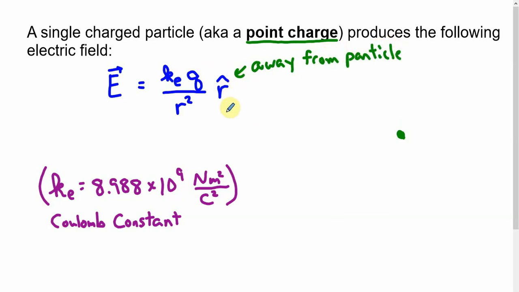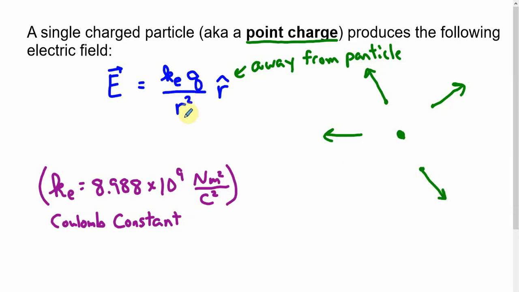That's what r hat means. So we have this sort of like our origin, our particle, and this is just saying the direction. This is the magnitude, and this is the direction of the E vector. So like at a point right here, it's pointing this way. At a point right here, it's pointing this way. At a point right here, it's pointing this way. Right?